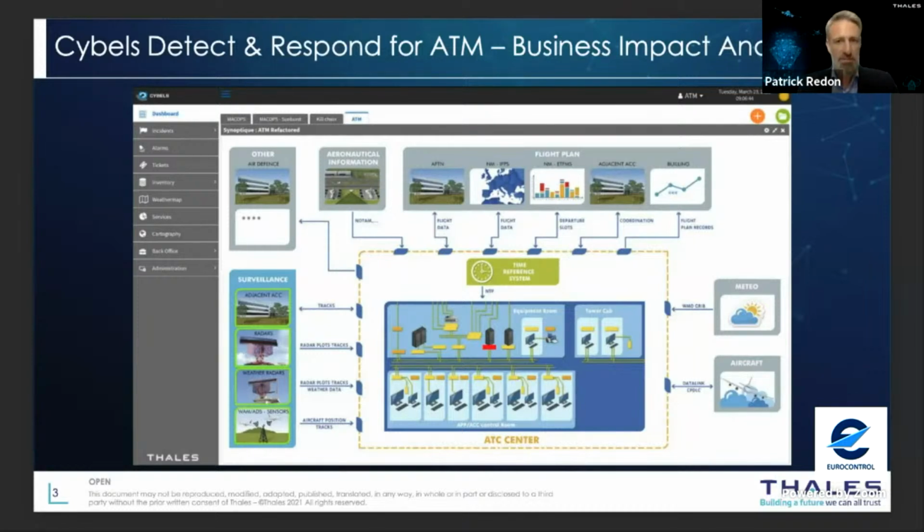Indeed, it is business and functional centric. The core of this view is represented through the global architecture of your ATM system, which is configured once at product deployment. Then, as I said, it displays the impact assessments to operators regarding detected threats.